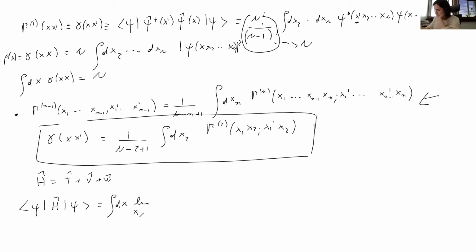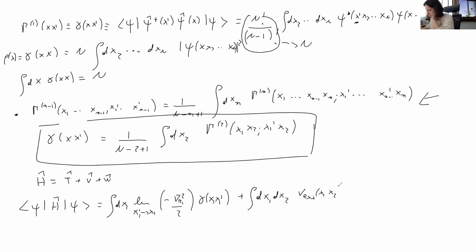I will explain what I mean with this. x1 over minus nabla r1 square over 2 gamma x1 prime, plus then we have the external potential, so it's the integral in the x1 x2 of v external x1 x2 gamma x1 x2.